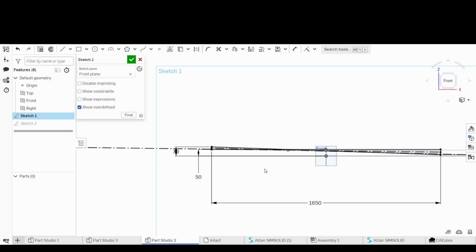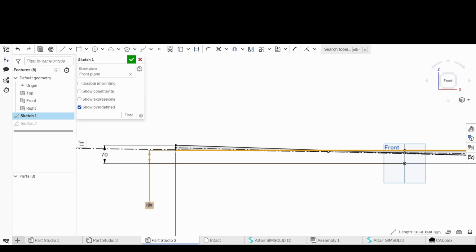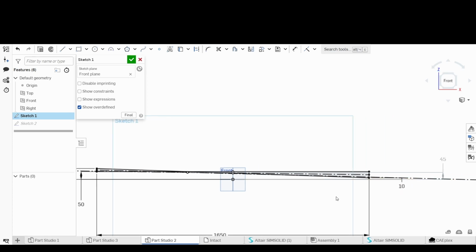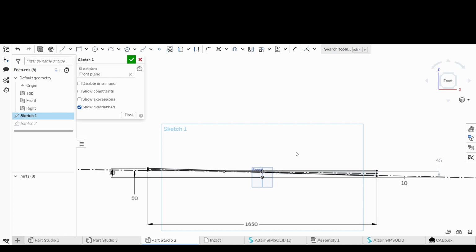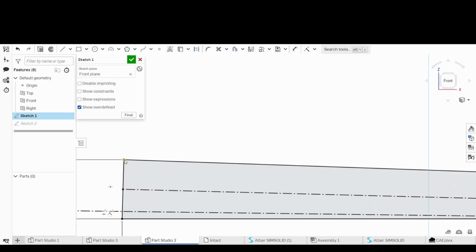So what we have is basically two sketches. One is the static ride height, which is at 50 millimeters, and then I drew a line of the chassis points of the dynamic ride height. So we have 70 millimeters on one side and then 10 on the other. And basically what the calculations to find the center of rotation do is you draw a line from one point to the other, and this line is at the midpoint and perpendicular to that line.